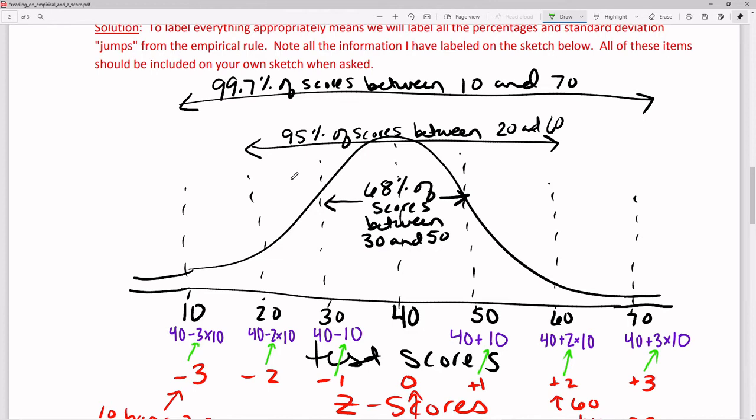So that's the way you could think about this: you're getting what scores are really average, what scores are really excellent, what scores are really bad. You're figuring all that out by being able to compare them this way.